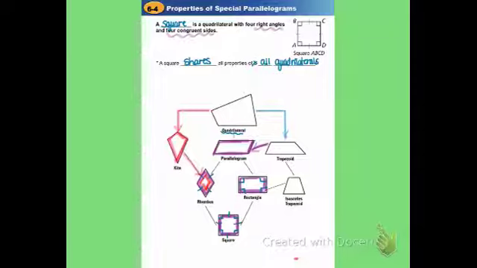If we went even further, and not only did we have a figure with all the sides equal, but it could also have right angles, that would make it a square. So not only is a square a rhombus and a parallelogram, it's also a kite.